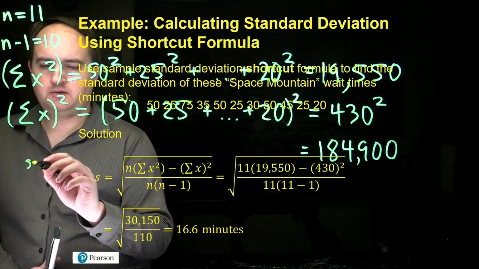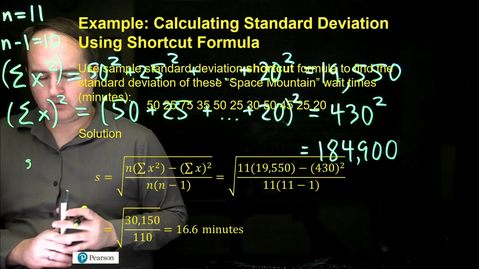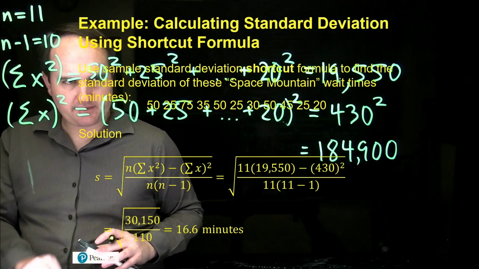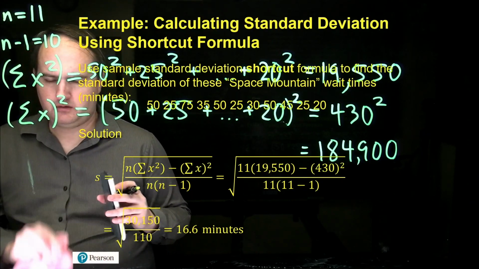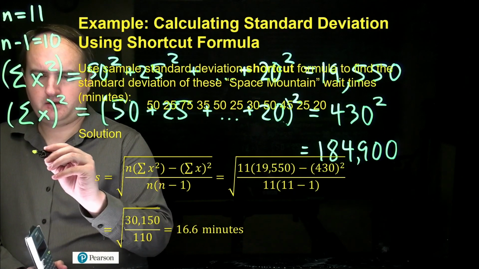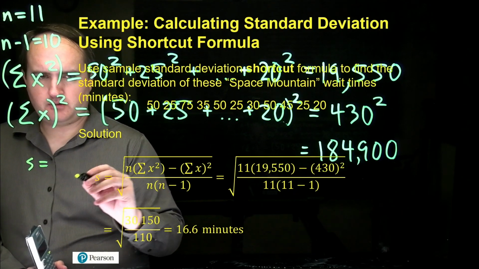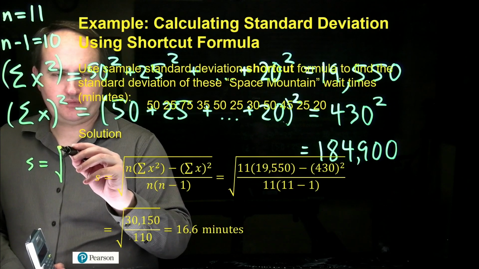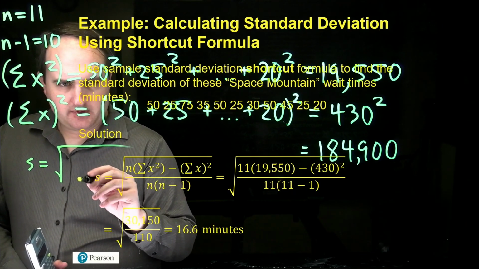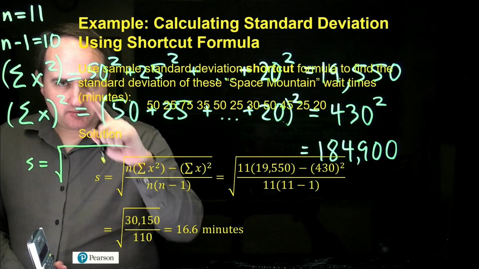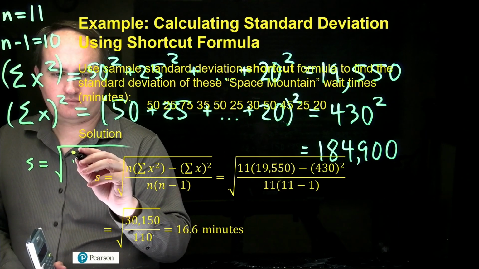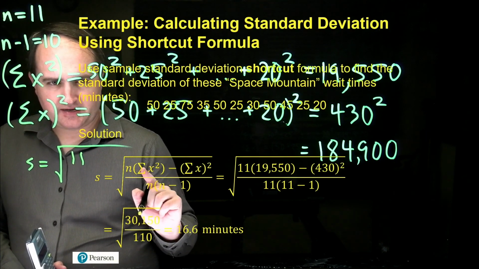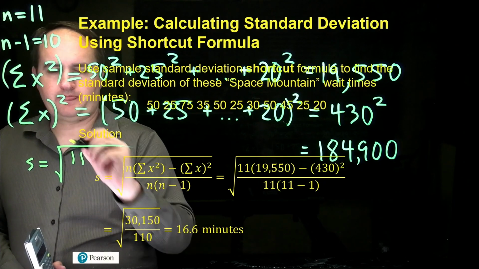So S equals, let's see how they got this. S equals the square root of n, so n was 11, times sum of x squared.